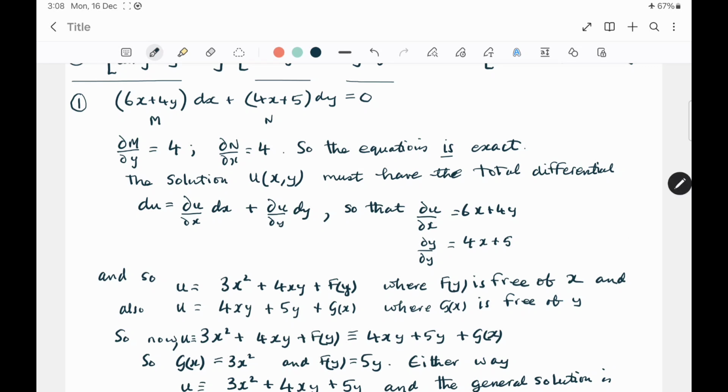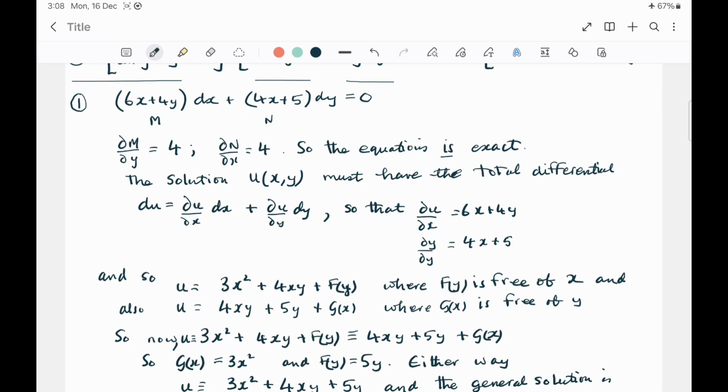We'll get u equal to 3x squared plus 4xy plus f of y, where f of y is a function that is completely free of x, so that when you differentiate it with respect to x, you would get 0.